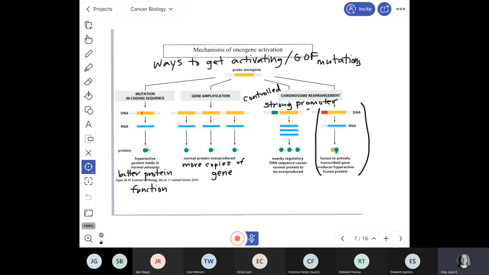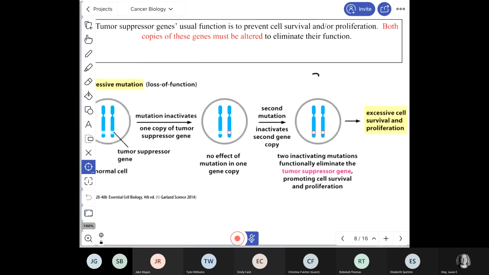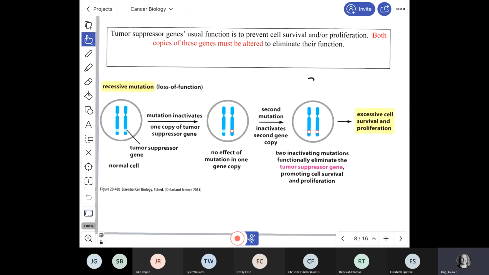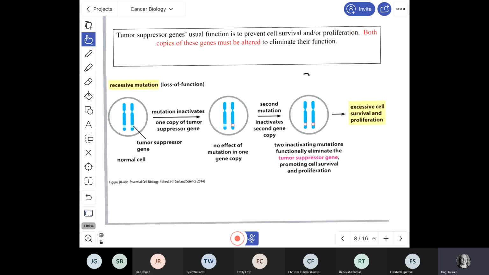Now we're going to look at the reverse situation, a different class of genes, and these are called tumor suppressor genes. If proto-oncogenes' normal function is to promote cell division, tumor suppressor genes' usual function is to act like a brake. Put the brakes on cell division.